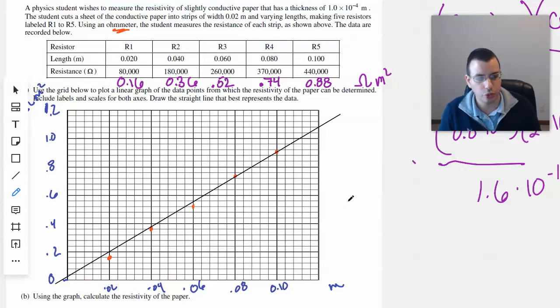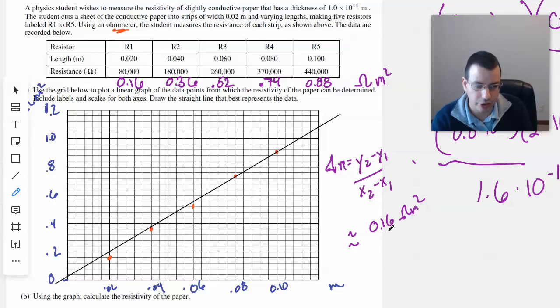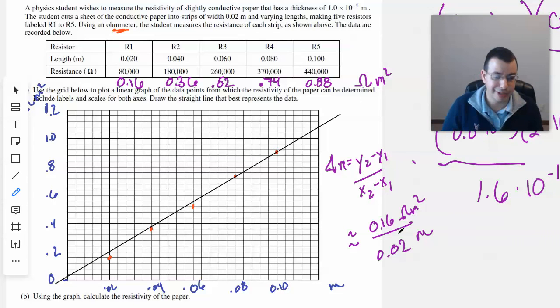So, slope equals y2 minus y1 over x2 minus x1. Since they all seem to line up kind of, sort of okay, I'm going to do 0.16, and that's ohms meters squared, over length 0.02 meters. And if I was a better person, I would do that in my head.